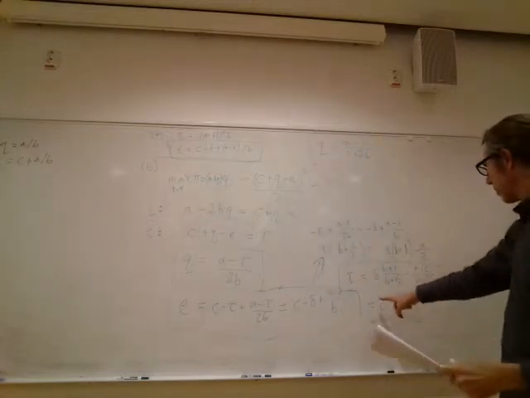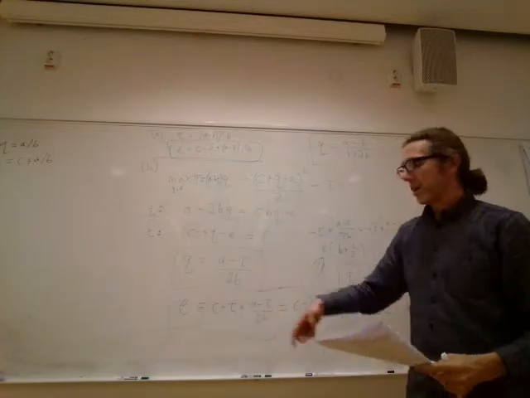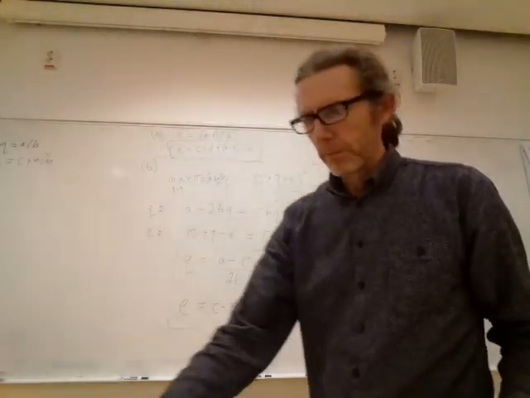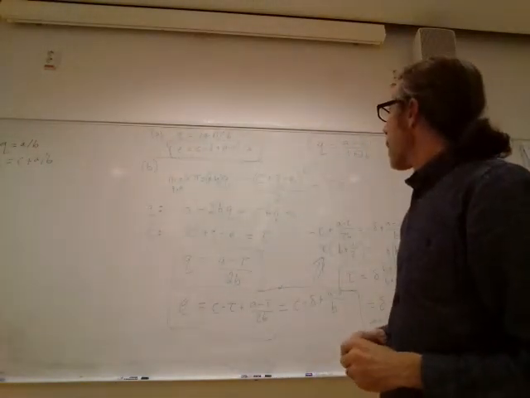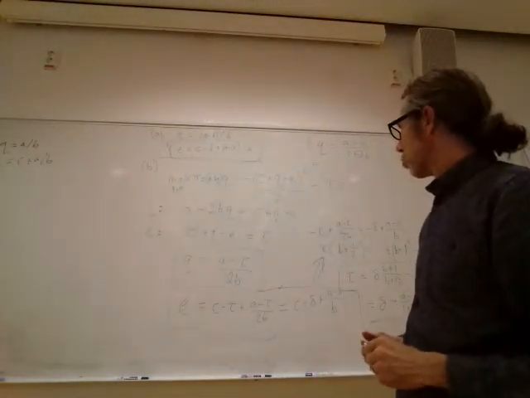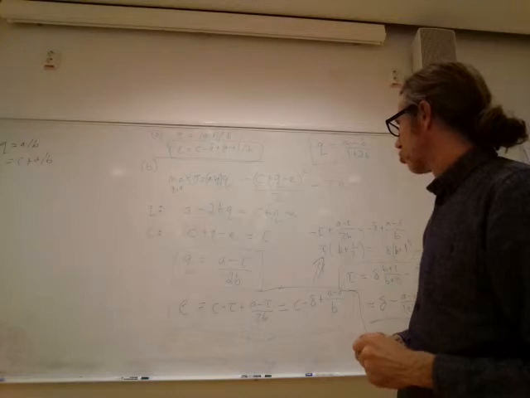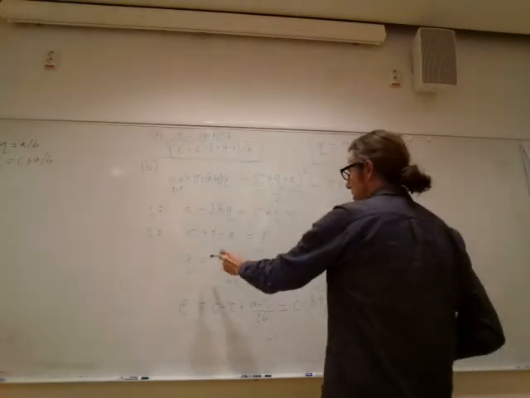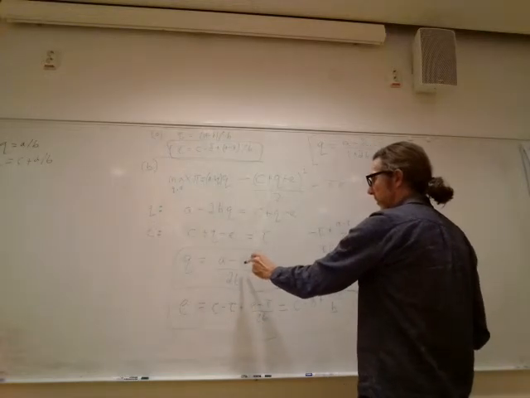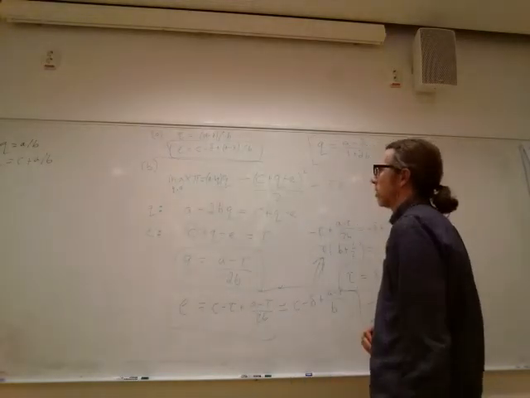We stick this in here and simplify it. And yeah, the optimal Q, tau is delta. Oh.